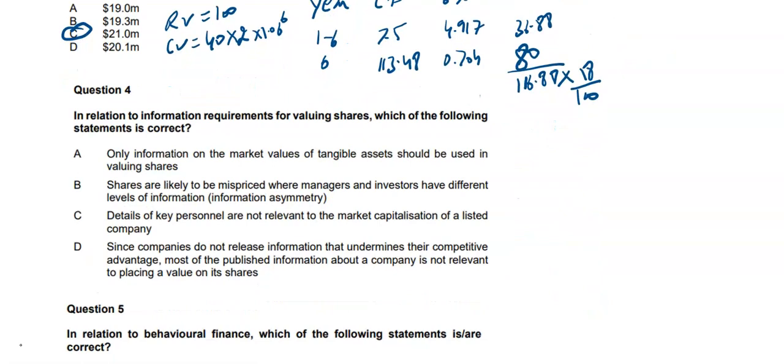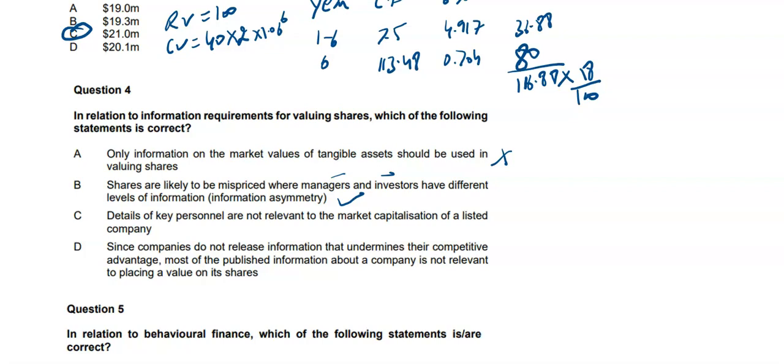Next: in relation to the information requirement for valuing shares, which of the following statements is correct? Option A, only information on the market value of tangible assets should be used. No, because many companies have intangible assets. Shares are likely to be mispriced where managers and investors have different levels of information. Yes, that is true; managers obviously have superior information.